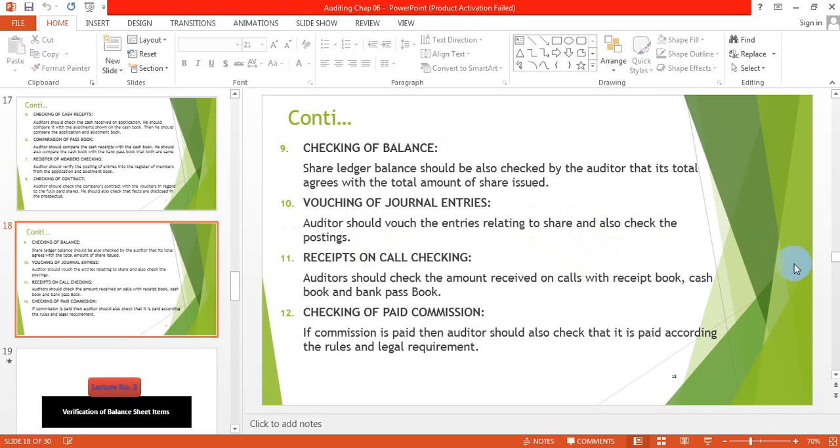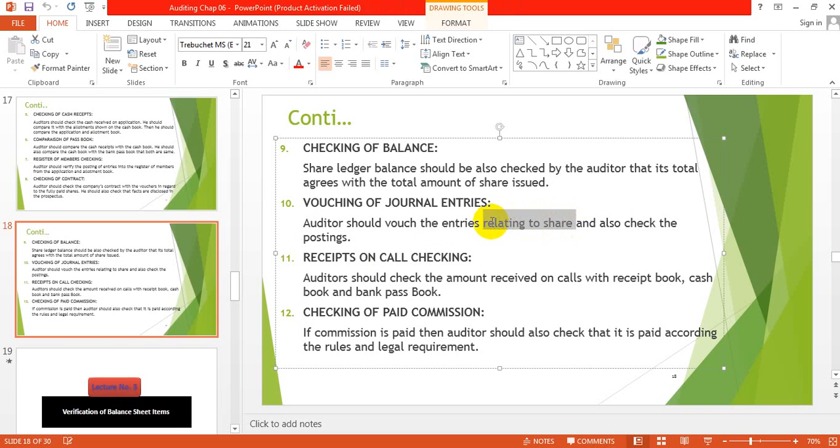So here vouching means all the transactions which are related to the issue of shares, and their posting.